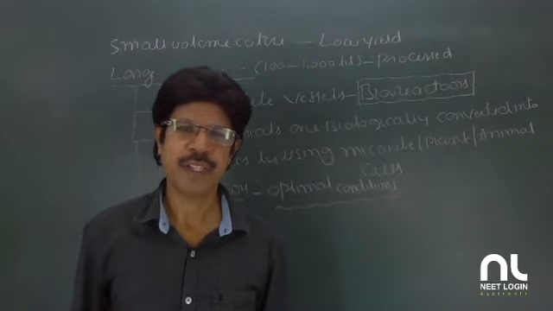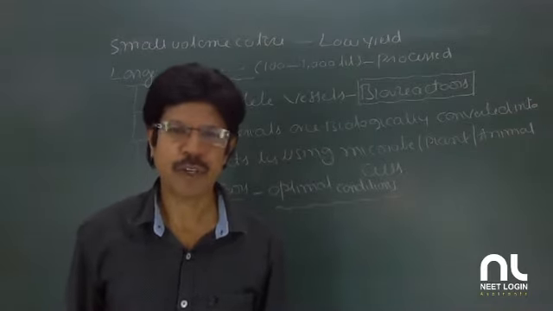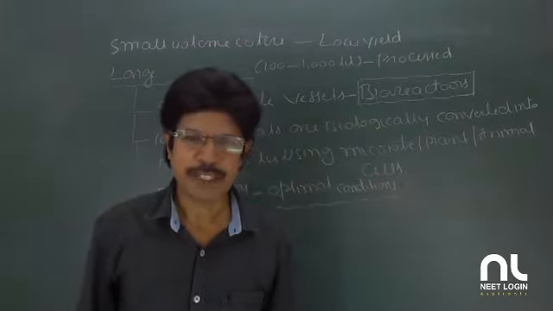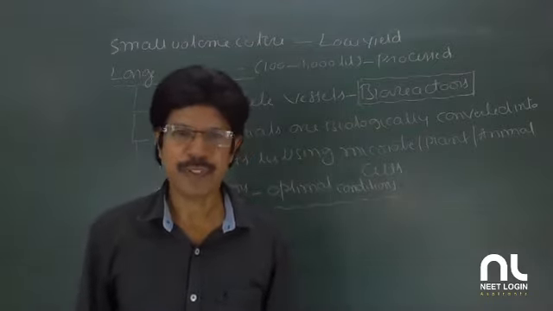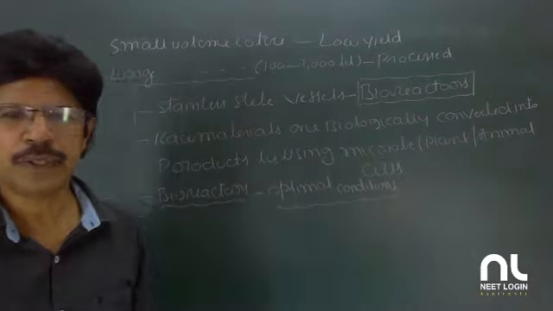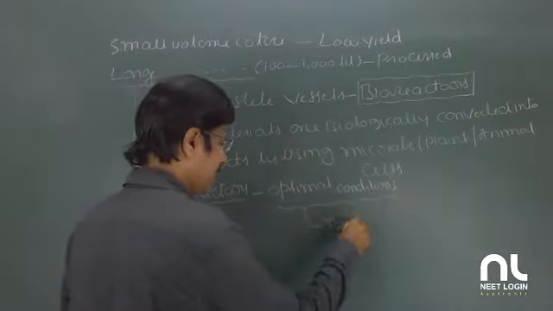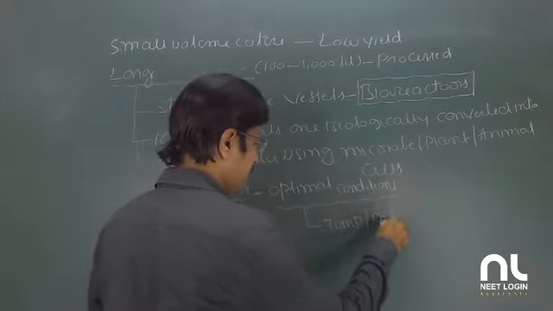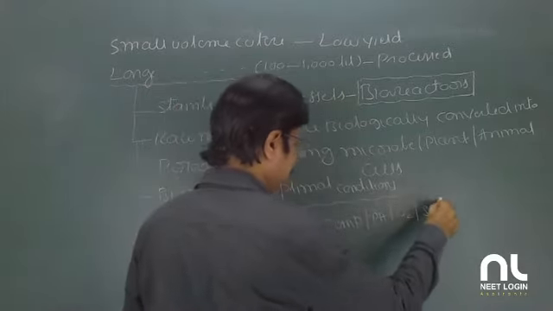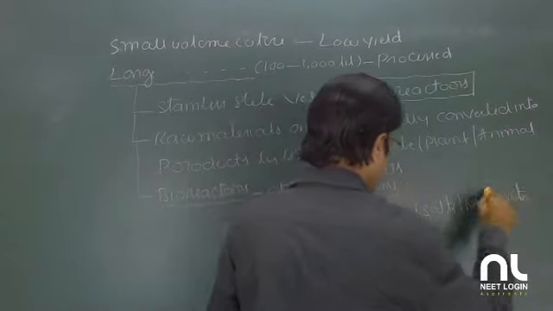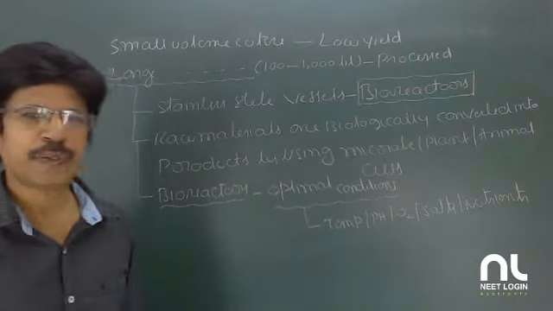Temperature, pH, the salts, the sugars, whatever is required for the growth of the cells to give the particular product, we have to provide in the bioreactor. Optimal conditions are temperature, pH, oxygen, salts, and nutrients.